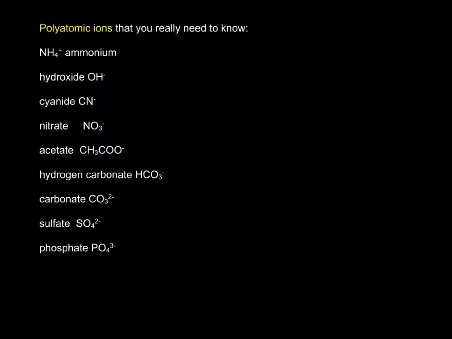Finally, you should also remember polyatomic ions. And these are the most that you need to know. There are more than this, but for the time being, ammonium is the only one that is a cation. It's a positively charged polyatomic ion. The rest are anions, negatively charged ions.